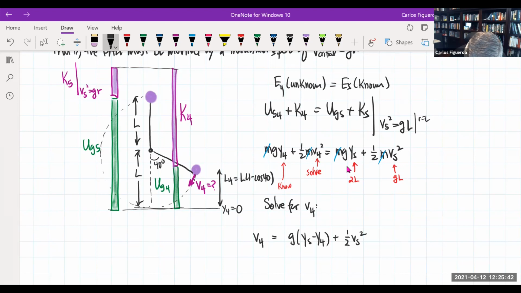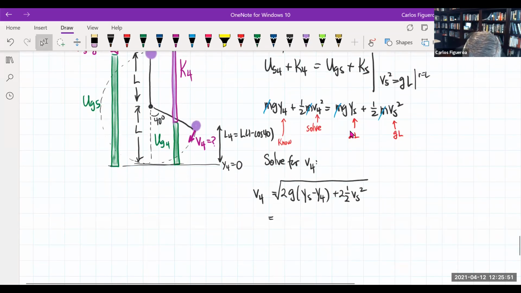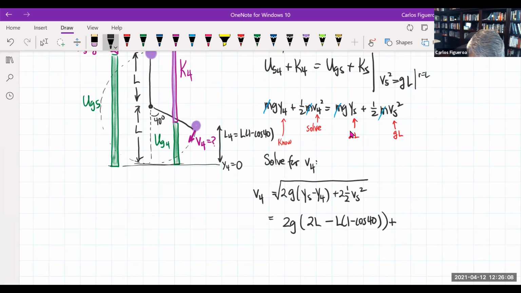And then I'm going to bring in a 2 here, and I'm going to bring in a 2 here. And so then I start to put in my points here. And if I do that, I'm going to get 2G. What's y5? It's going to be 2L. And then I get L, 1 minus cosine of 40, plus V5 squared here. But V5 squared is the same as GL.